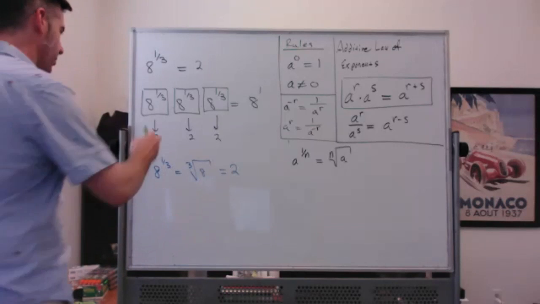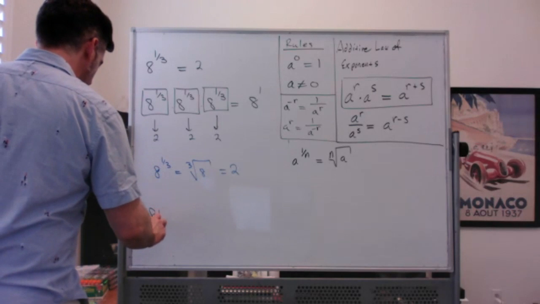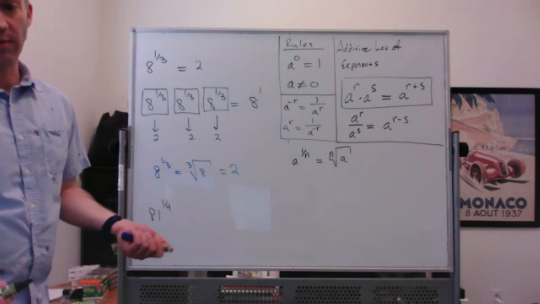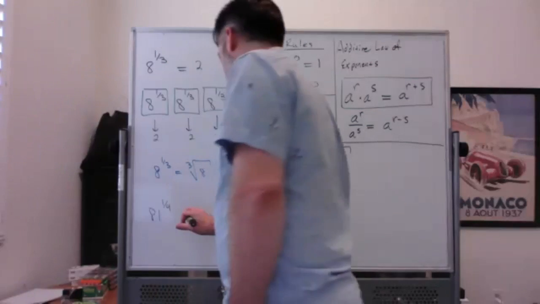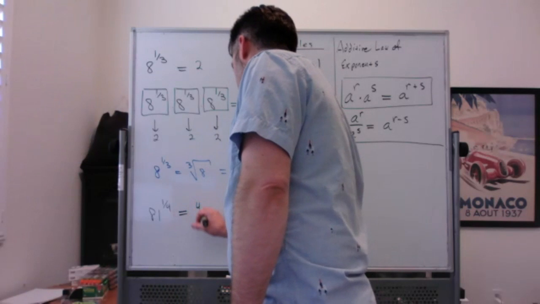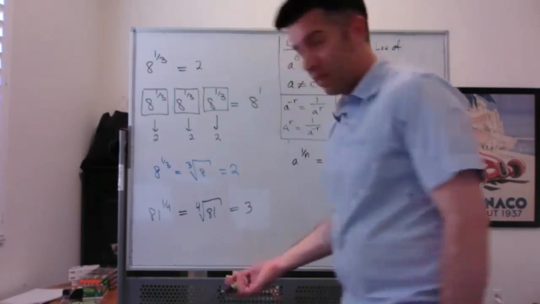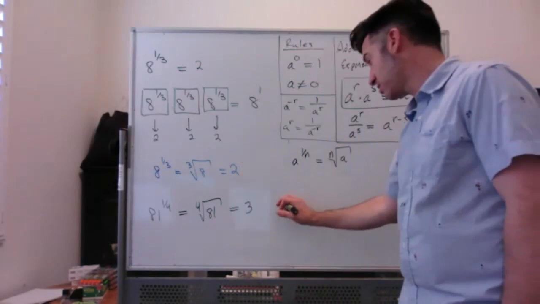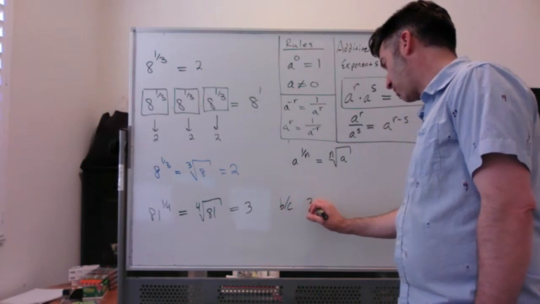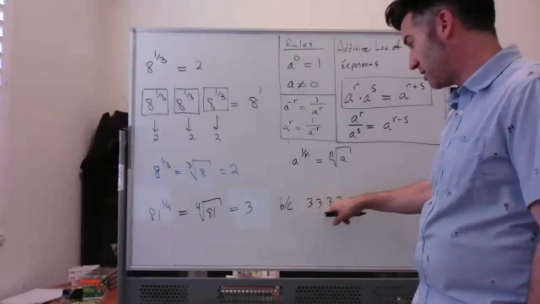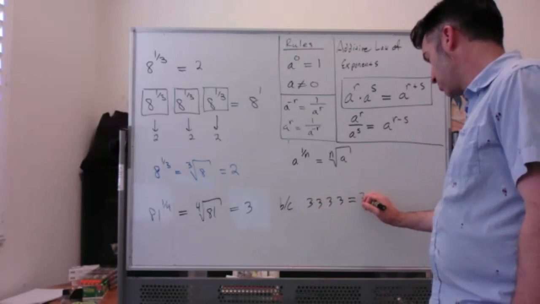Let's look at another example. How about 81 to the 1/4 power? Well, I don't want to write it all out. We know that 81 to the 1/4 is the 4th root of 81. And that's going to be 3. The reason it's 3 is because 3 times 3 times 3 times 3 is 9 times 9, which is 81.